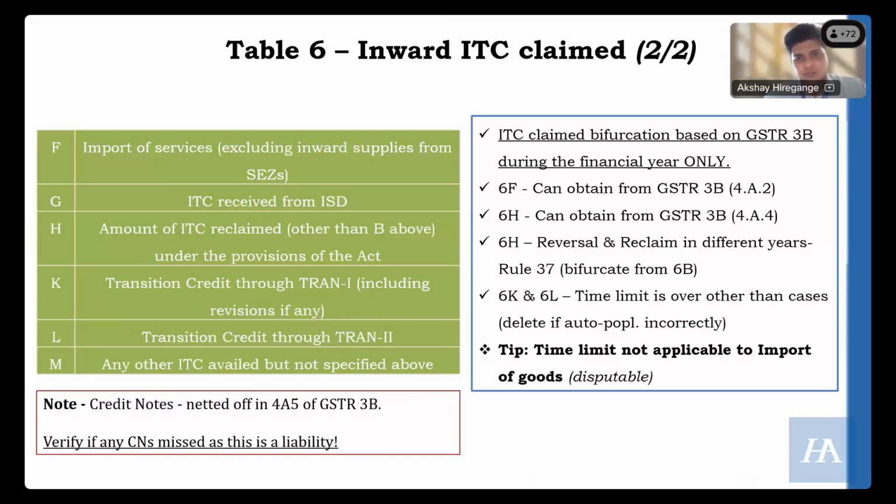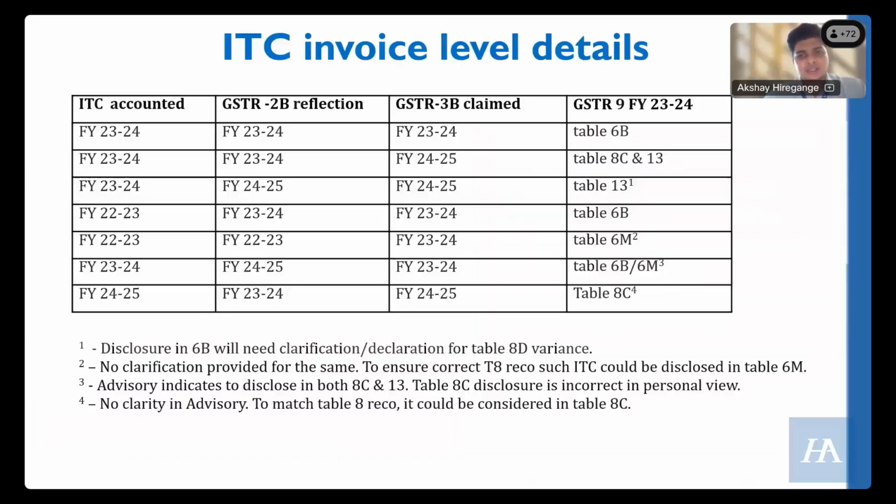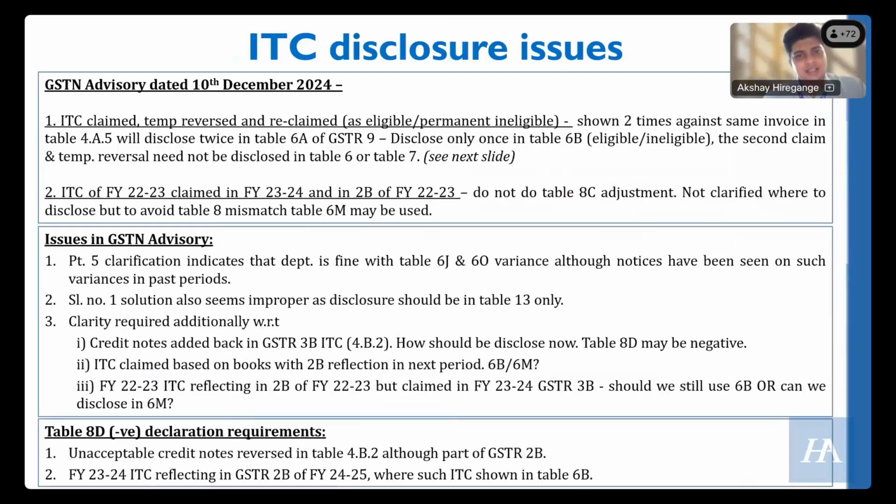Where it is asking you to use table 8C, but in our view, there is no requirement to make these adjustments.